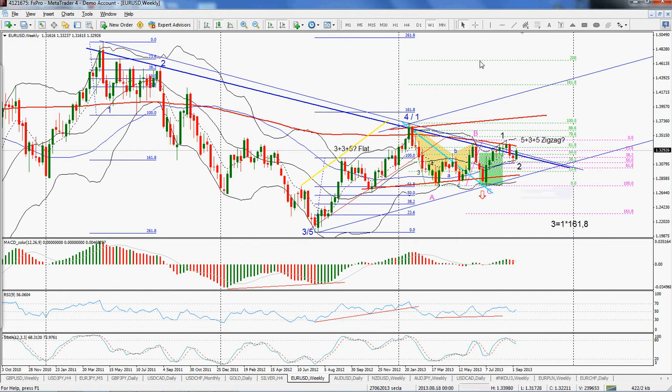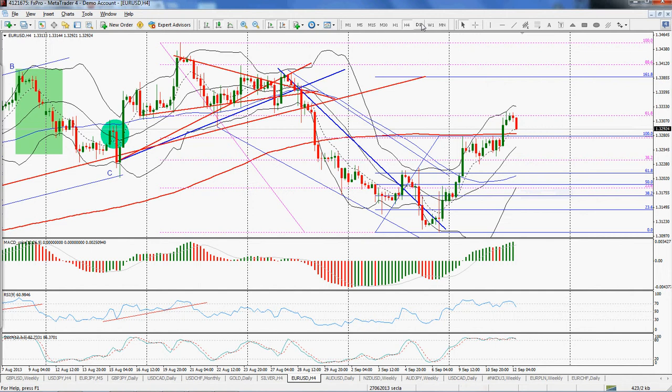strongest wave. But if you have a look at the 4 hours chart, a 3 wave down ended here in this position. So that was a kind of correction here, a kind of ABC.